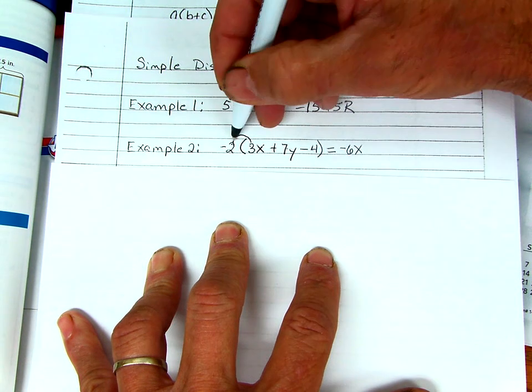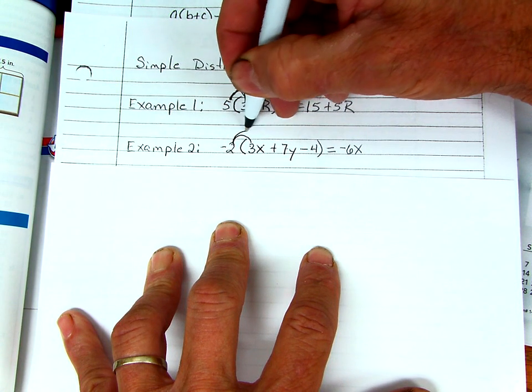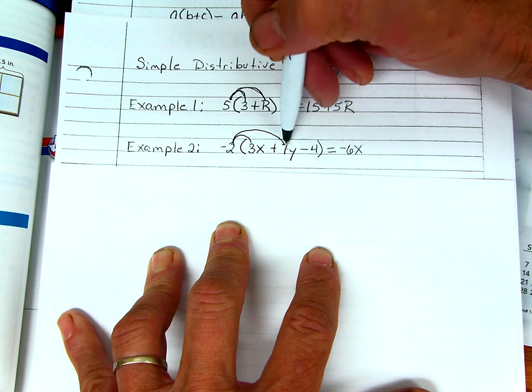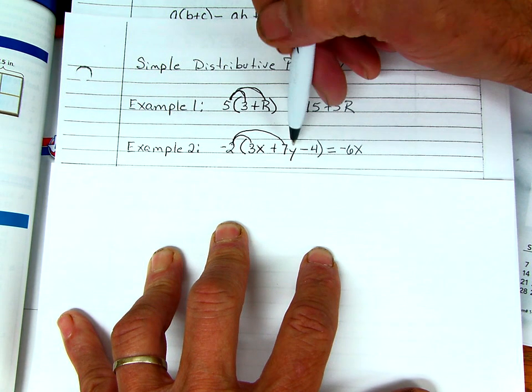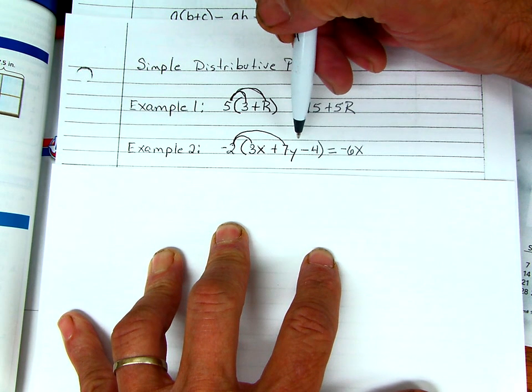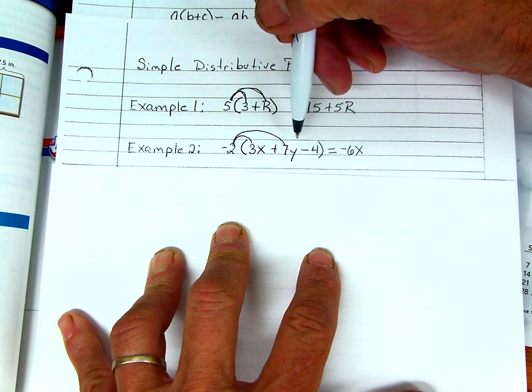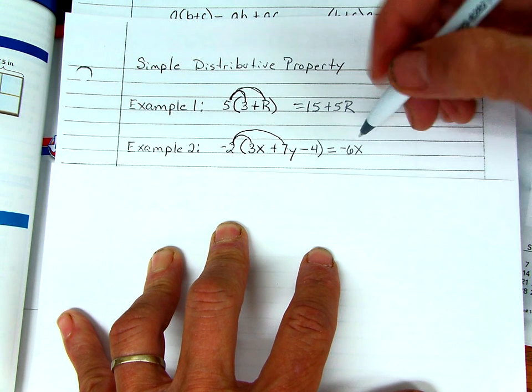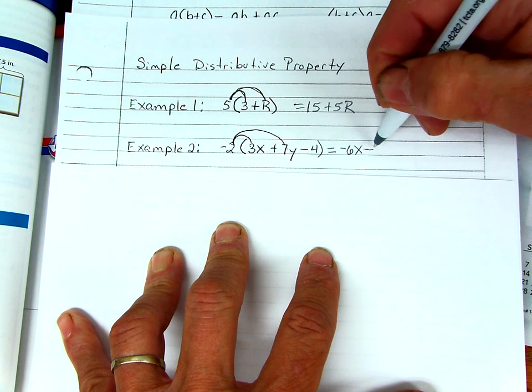It's first multiplication. Second one, using that negative 2 again, negative 2 times 7y. I'm not going to change the y in any way. I'm simply changing the amount of y's that I have. So it's negative 2 times positive 7 is negative 14y.